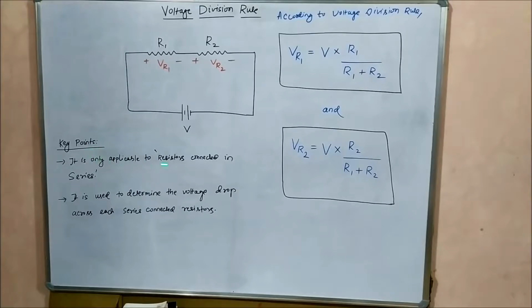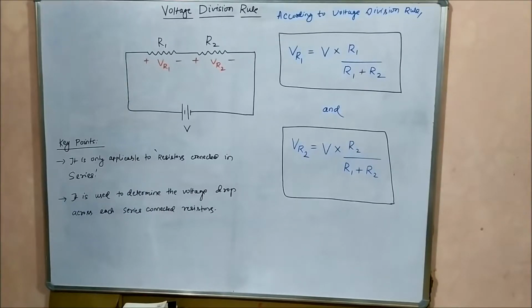That is, we can only apply this rule for resistors connected in series. And why is it used? To determine the voltage drop across each of the resistors connected in a series network. Okay, this is the voltage division rule.